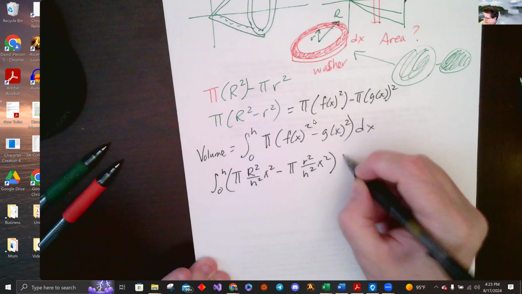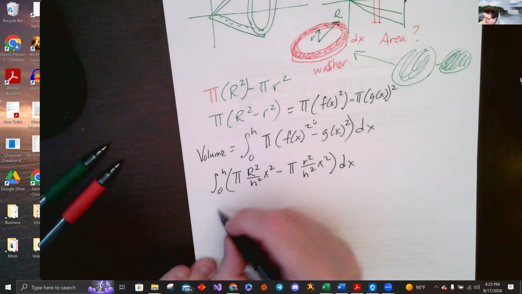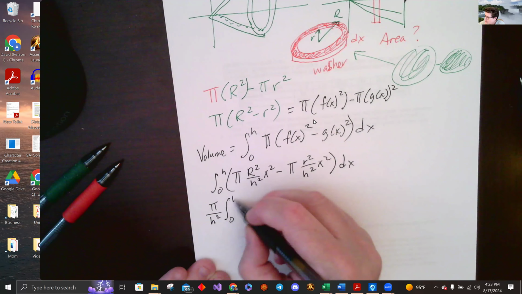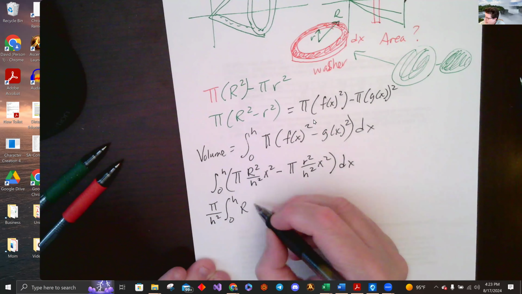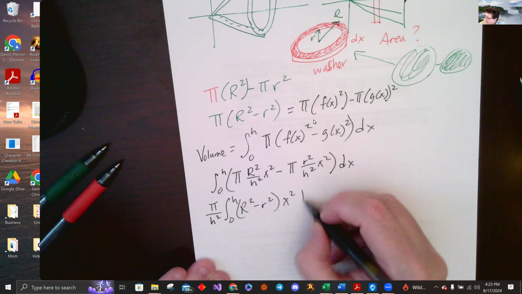These both have a dx on them, so I need parentheses. I can factor out a pi over h squared, and in here, I can pull out the x squared and write it like that.